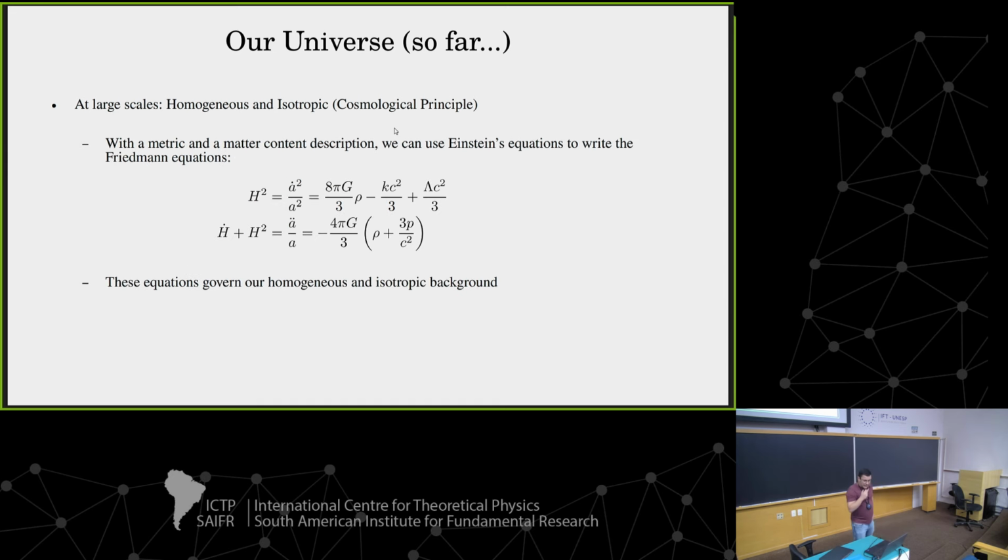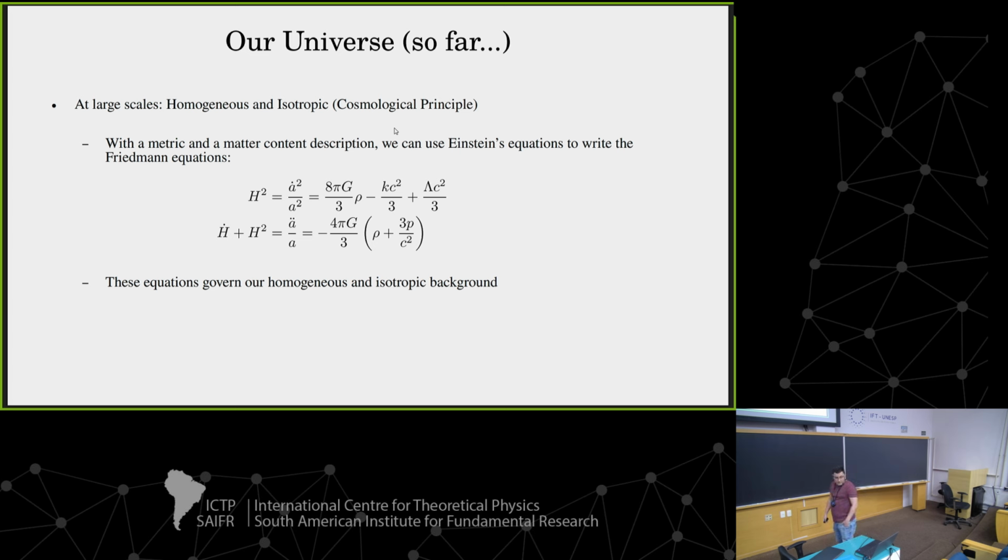And just to finish this part of the background, when we put everything back in the Einstein field equations, we're left with the Friedmann equations. The first one is just a constraint.